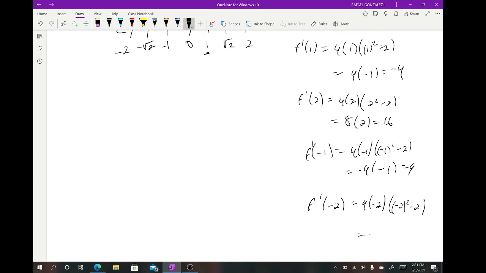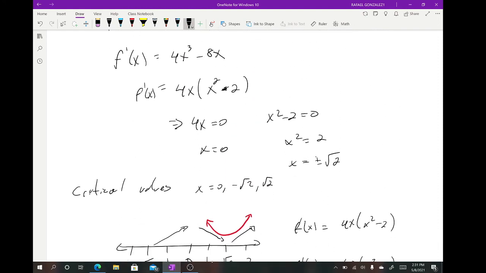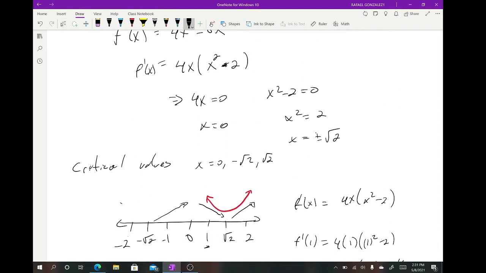That's negative 8 times 2, so it's going to be negative 16. So this is going down. So notice here we have another min, and here we have a max.